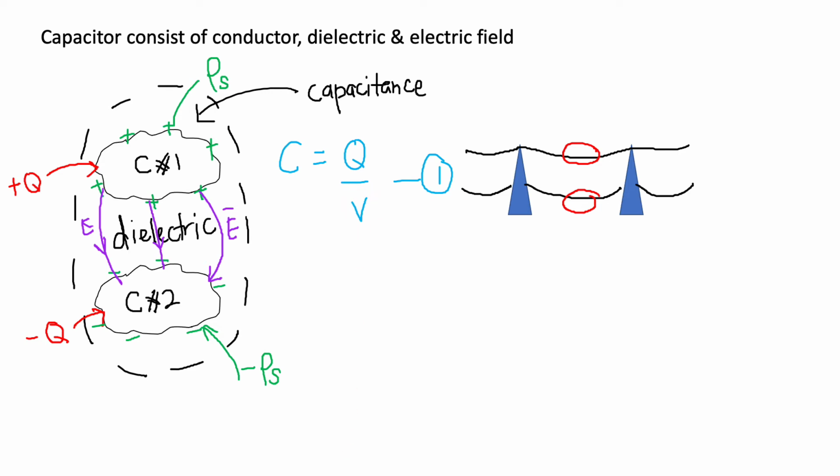Now I'm going to write, I think you know this equation, where V is equal to negative integration of E dot dl, while the limit here is from the conductor 2 surface to the conductor 1 surface.